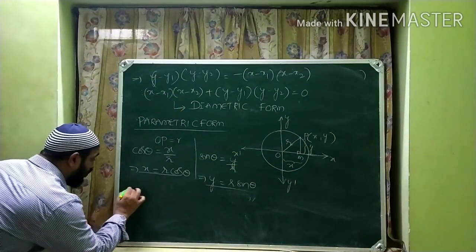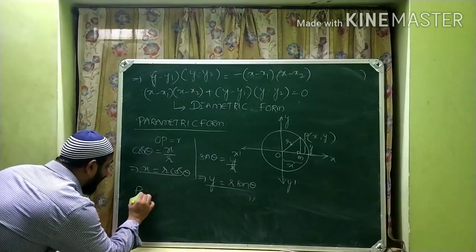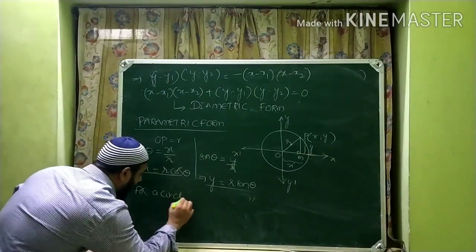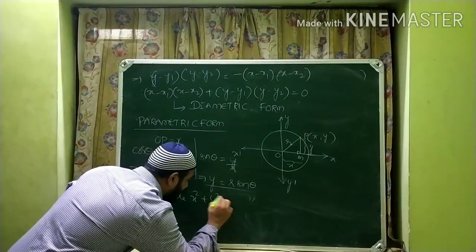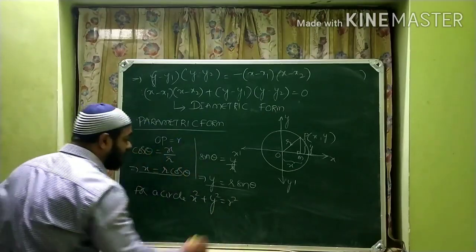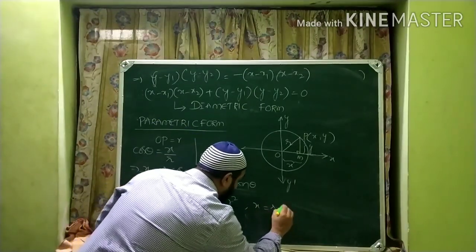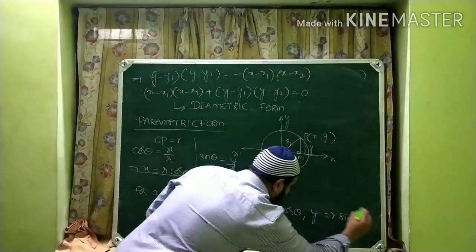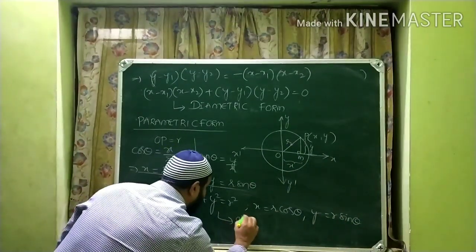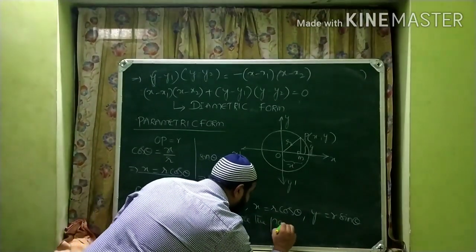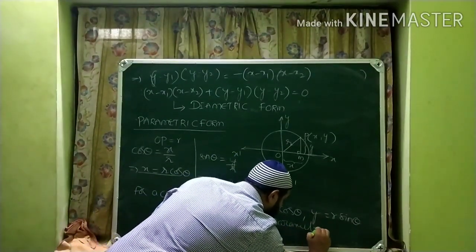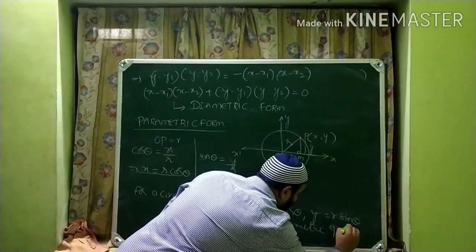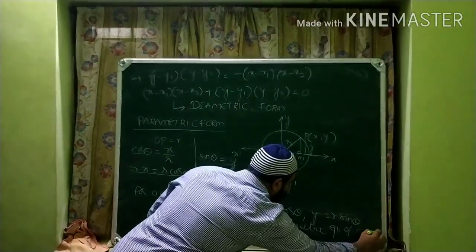So therefore, for a circle x square plus y square equals to r square, x equals to r cos theta, comma y equals to r sin theta are the parametric equations of a circle.